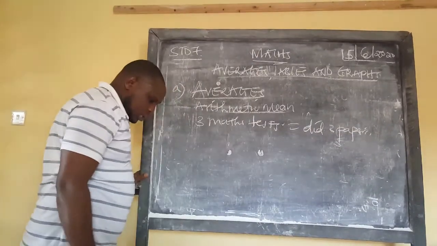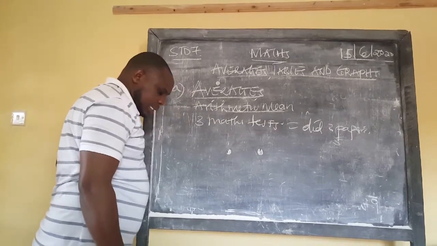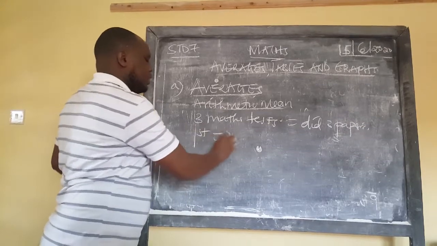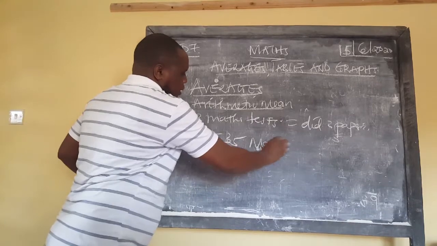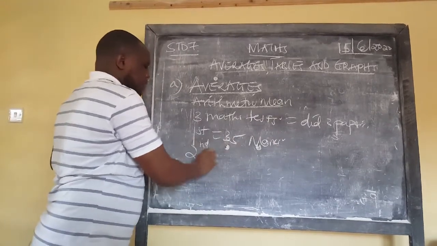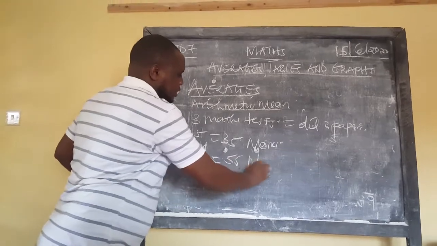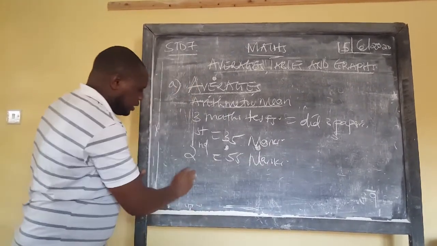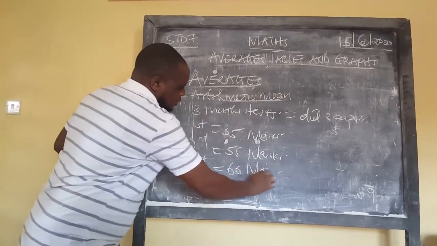Then you're told in the first test he scored 5. So first paper he got 5 marks. Then the second paper, this person got 55 marks. Then the third paper he scored 60. Third paper, Ronald scored 60 marks.